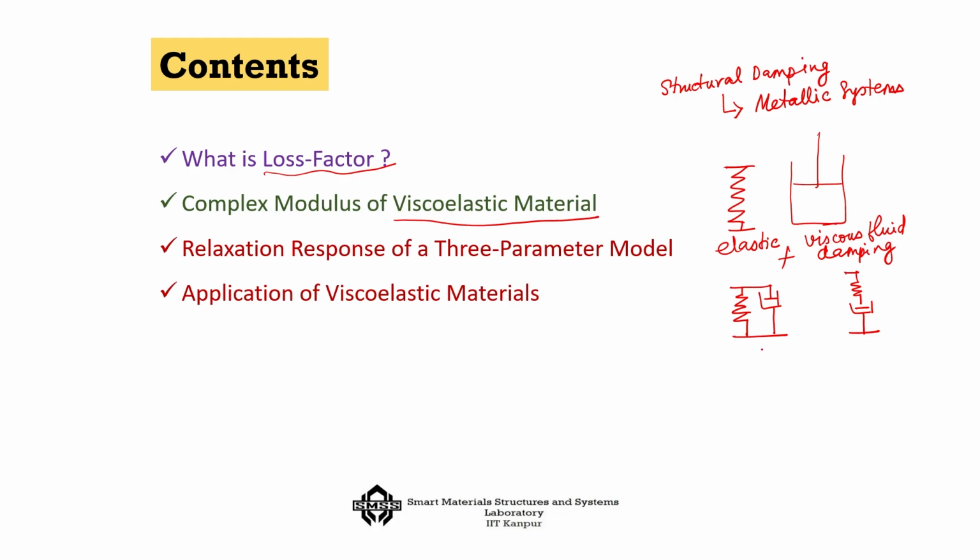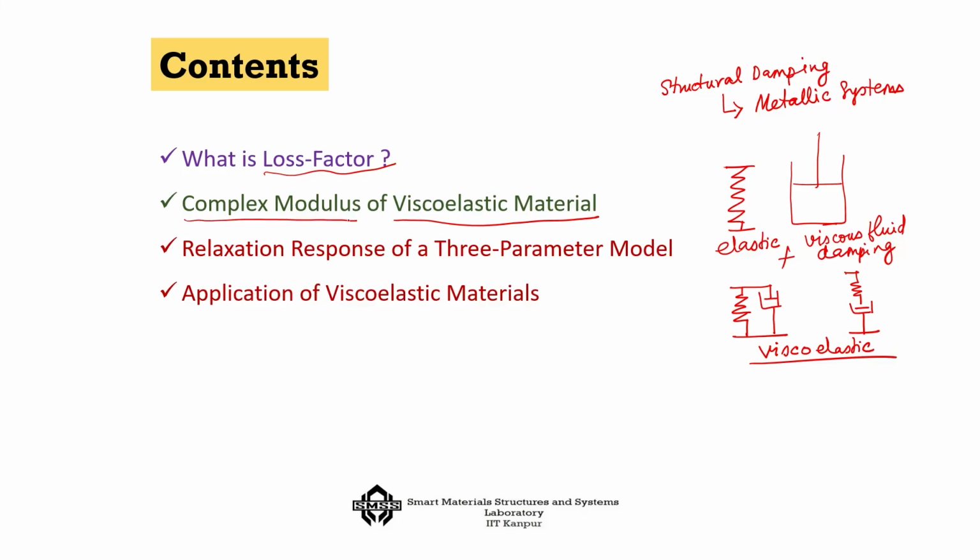But essentially this becomes a marriage between viscosity and elasticity. So, it becomes viscoelastic. From the vibration point of view, if it is a metallic system, you look for structural damping. If it is a polymeric system, you look for viscoelastic damping.